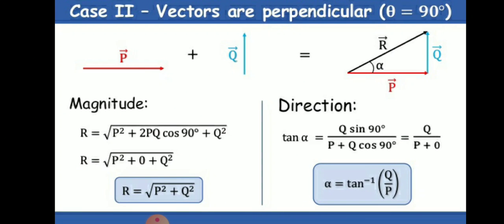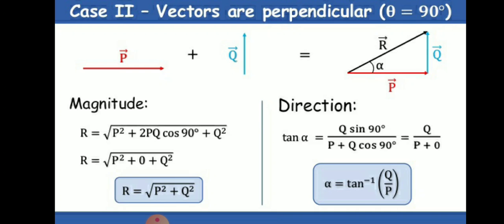Second case, if the vectors are perpendicular, in the sense the angle is 90 degrees. You can observe the alignment of vector P and vector Q. They are perpendicular, and therefore the resultant vector we can see along the third side.